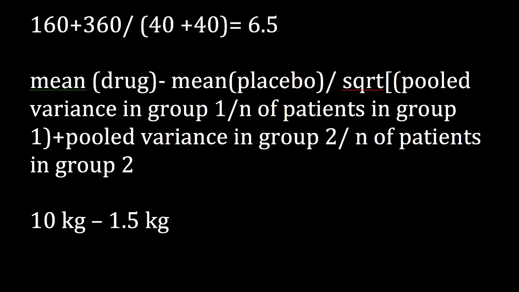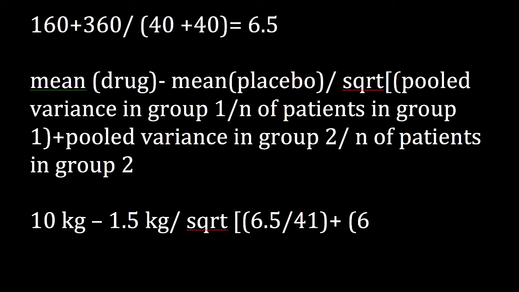So 10 minus 1.5 kilograms, and we divide that by the square root of the pooled variance in group 1, which is going to be the same in both groups, divided by the number of patients in group 1. Then we add the pooled variance divided by the number of patients in group 2, which was the same.